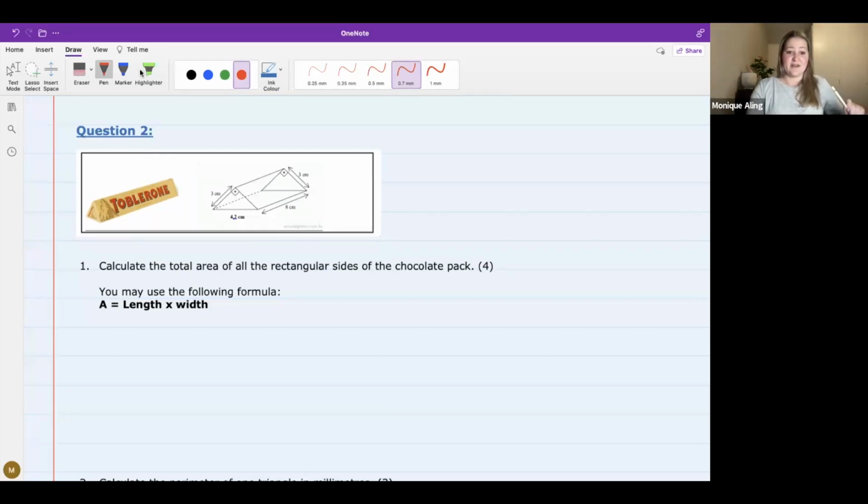Let's just look at that again: the total area of the rectangular sides. Then it says you may use the following formula, length times width. So I want you to look at the shape and see where you see rectangles. You're going to work out the area of all the rectangles and get the total area.